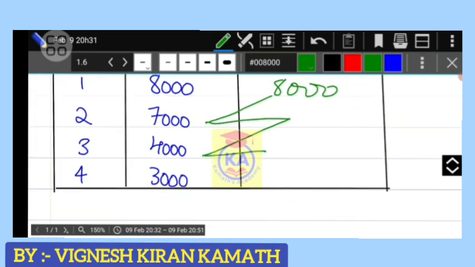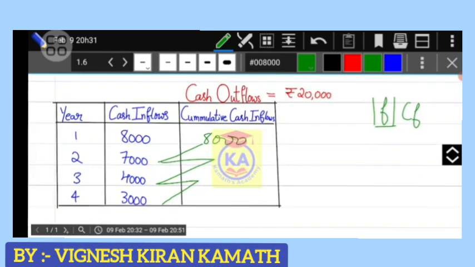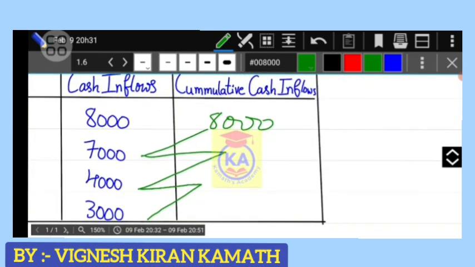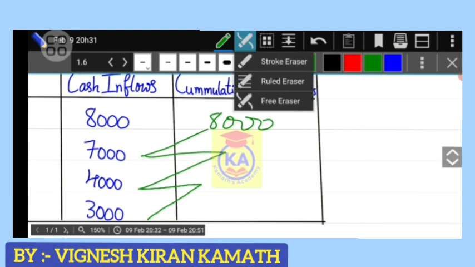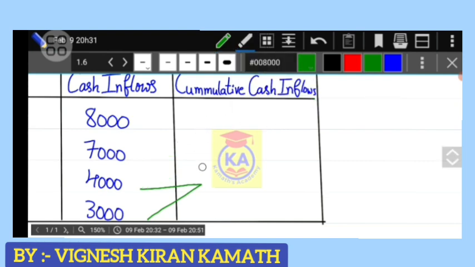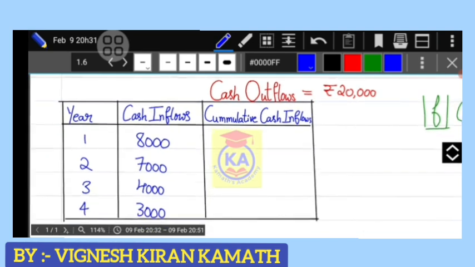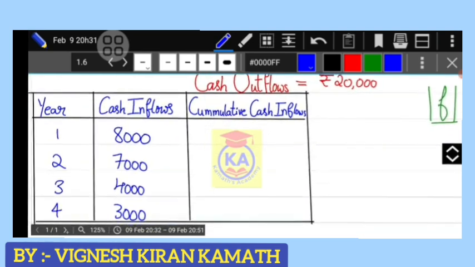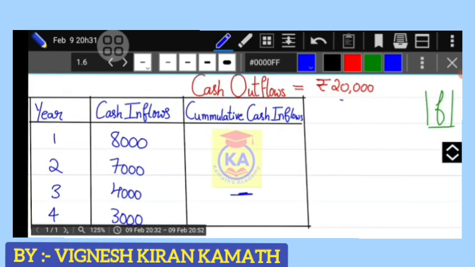Similarly here also you have to follow the same, no difference, but you have to be alert. You have to ensure that the cumulative value should not exceed 20,000. Now while solving the question, you will understand what I am saying.